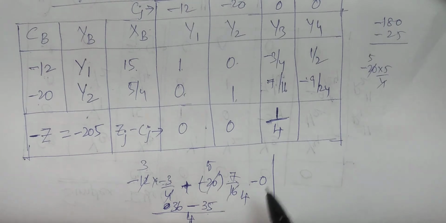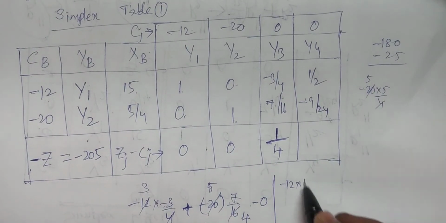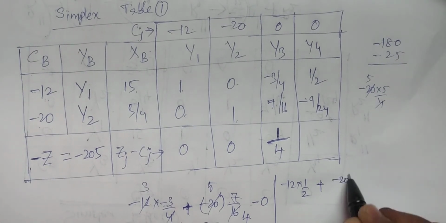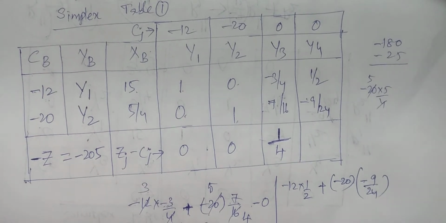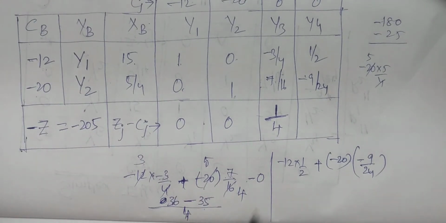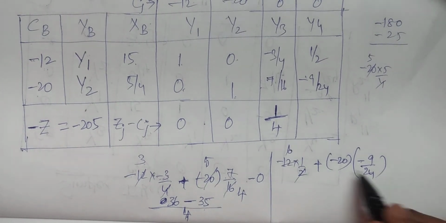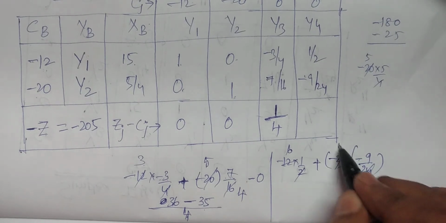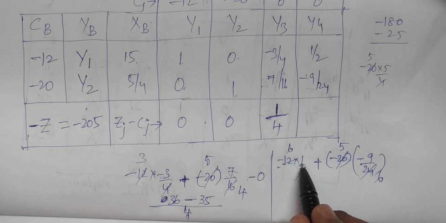Similarly, you calculate the next one. Minus 12 into 1 by 2, plus minus 20 into minus 9 by 24. So here it is 6, and here 4 5s are 20, 4 6s are 24.